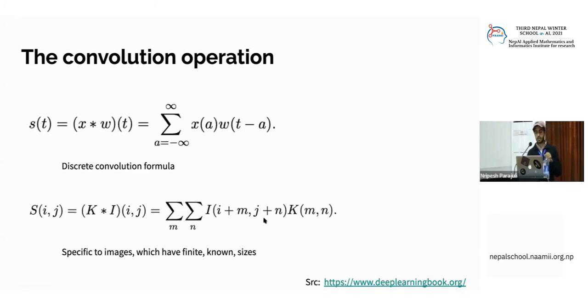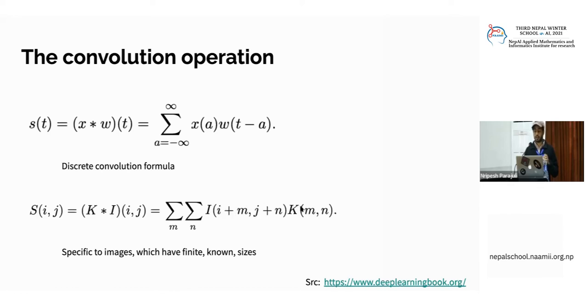This is the formula to do convolution at one location. Let's say i is 0 and j is 0, the first point in your image, k is your convolutional kernel, and I is your image. The output at ij is defined by the cross correlation, the element-wise multiplication and summing that we did.